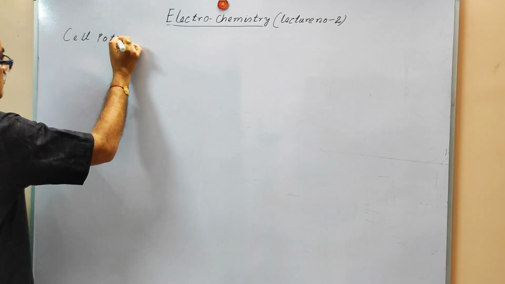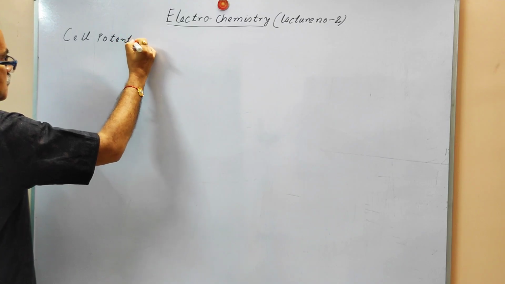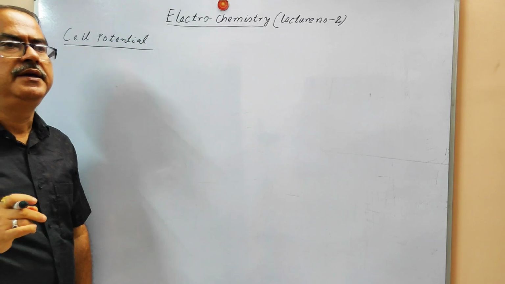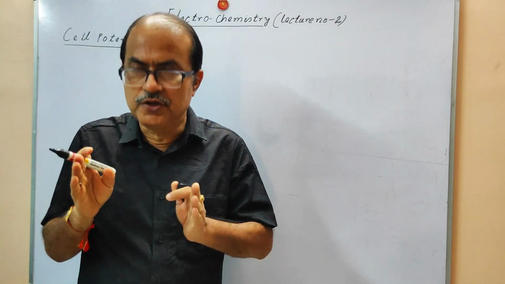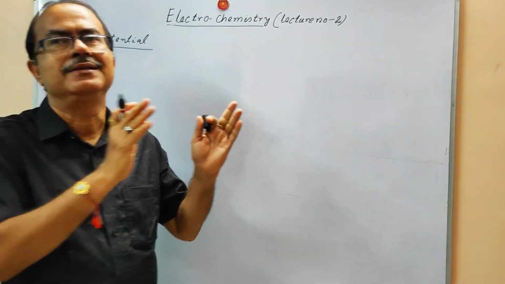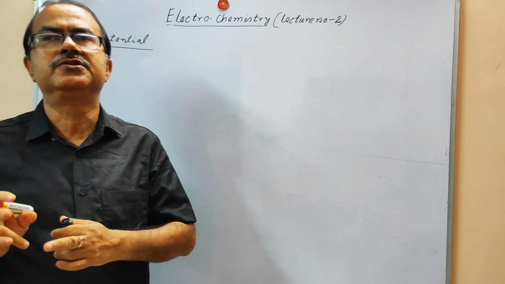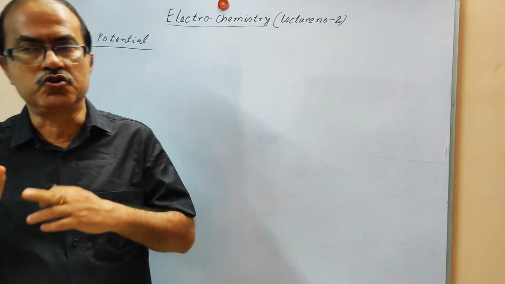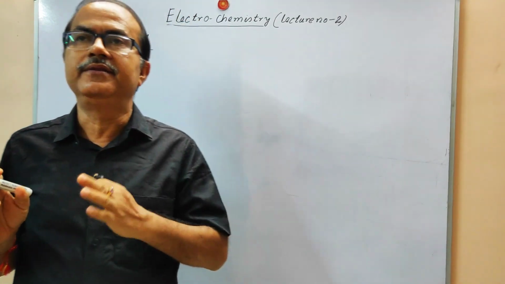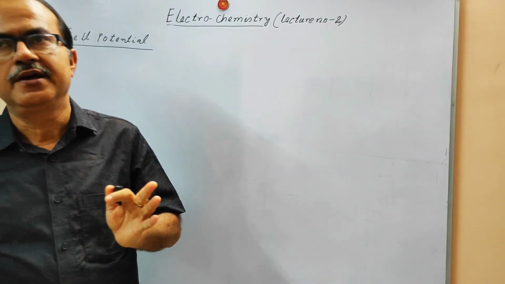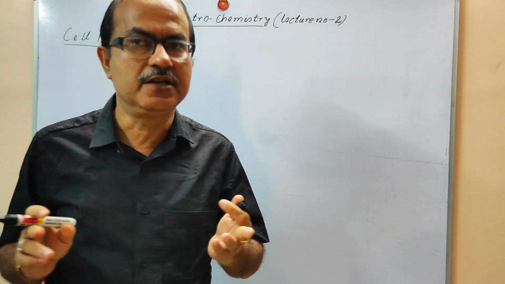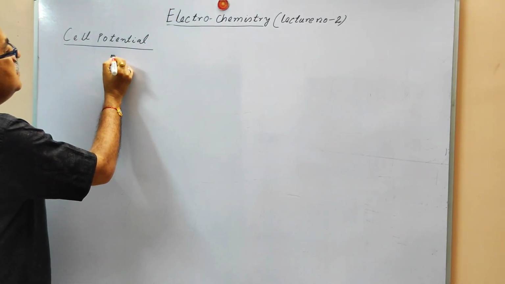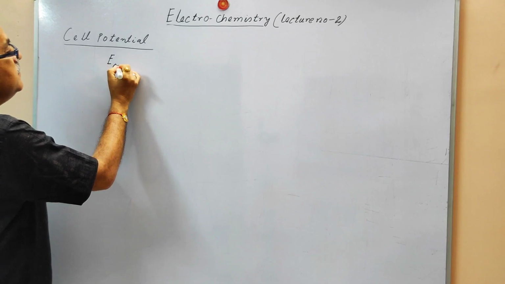Potential. We can now understand a cell is composed of two portions, one anode and another cathode. In the anode there is a potential difference created, called the oxidation potential, and in the cathode a potential created, that is the reduction potential. So suppose the potential of the cell is E cell.